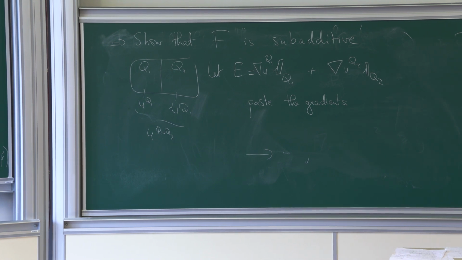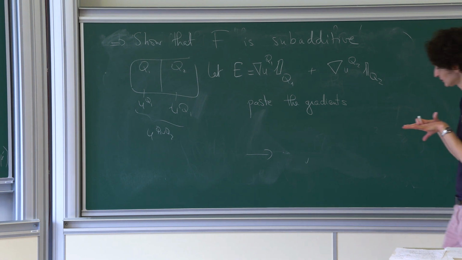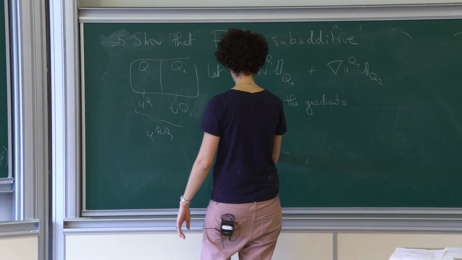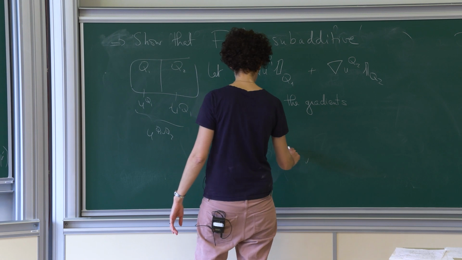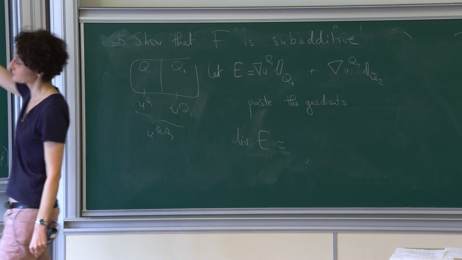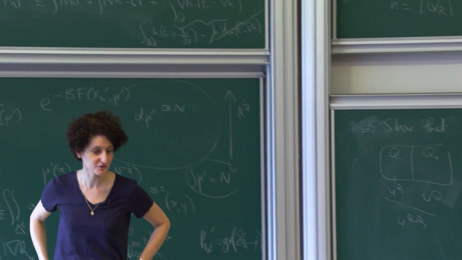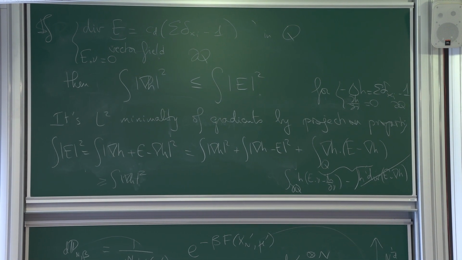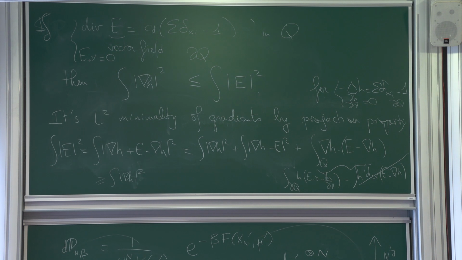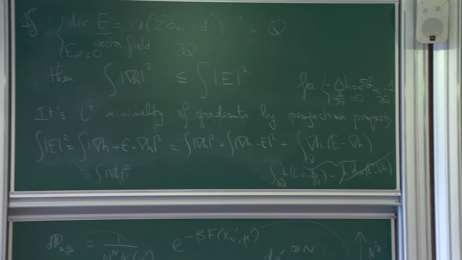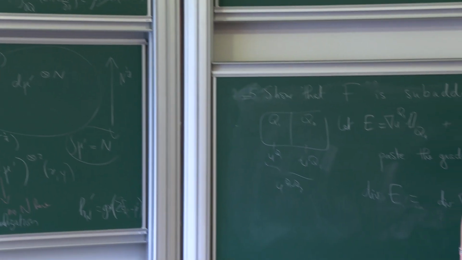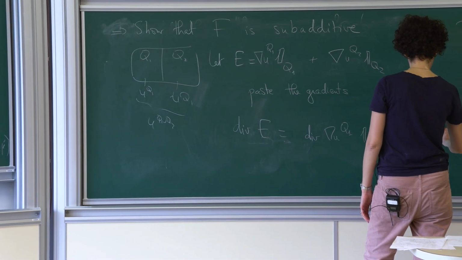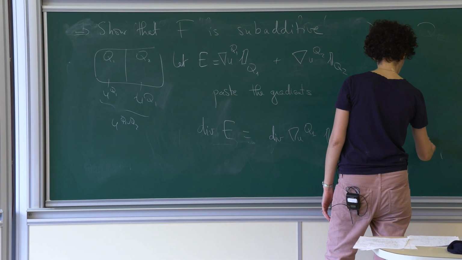So what happens when you paste two gradient fields and you want to compute the divergence of E? Now this is what I'm interested in because I said I just need to find a vector field that has the correct divergence. So what is the divergence of E? Well, it's the divergence of grad U Q1 in Q1 plus the divergence of grad U Q2 in Q2.